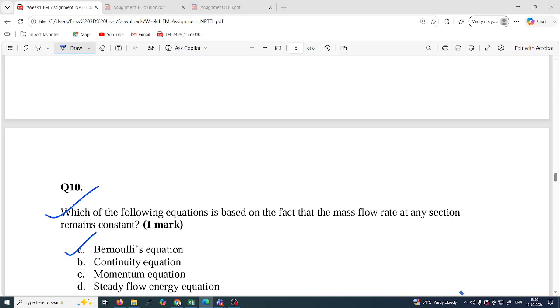First, Bernoulli equation, second, continuity equation, third, momentum equation, fourth, steady flow energy equation. Please think very carefully about question number 10 and try to write your answer in the chat box.